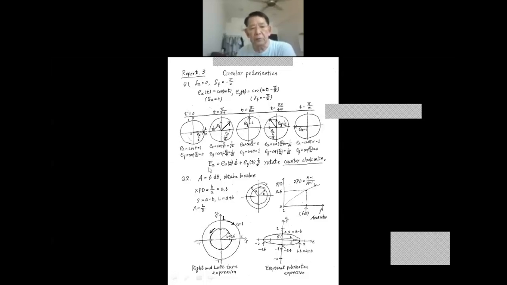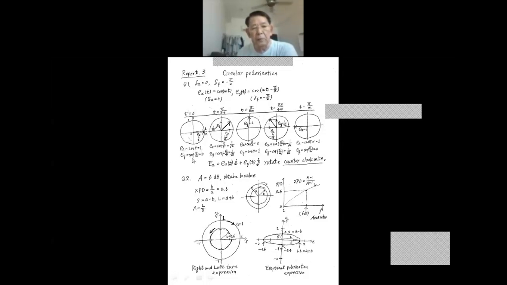So the total electric field is expressed by the x component and y component. Depending on the time change, each component is shown. At t equals 0, Ex becomes cosine 0, that is 1.